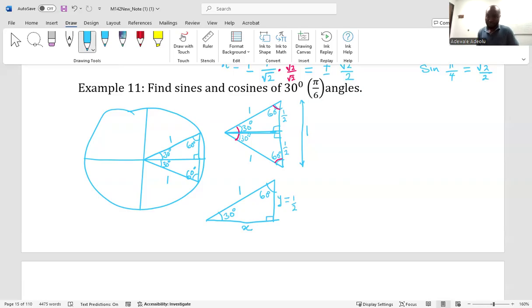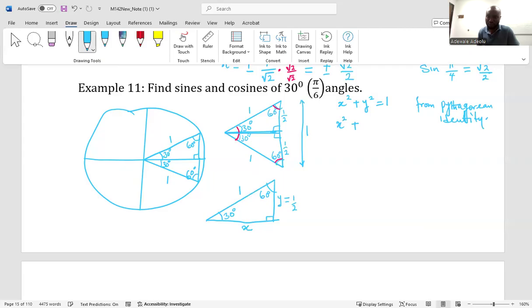In fact, we do know that x squared plus y squared equals 1. That is from the Pythagorean identity. Okay, we know what y is, so we can find x.